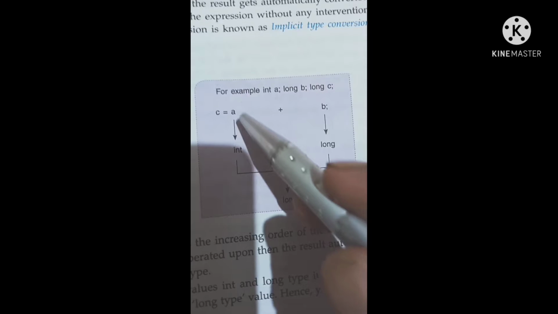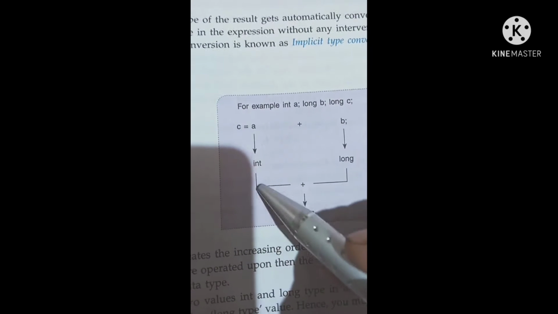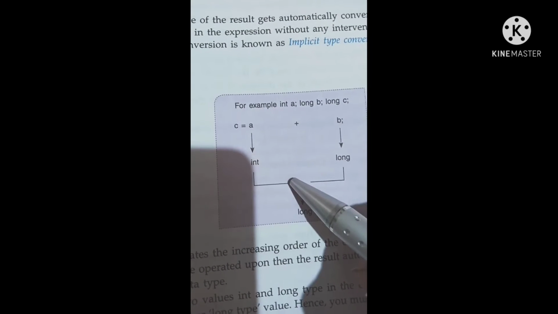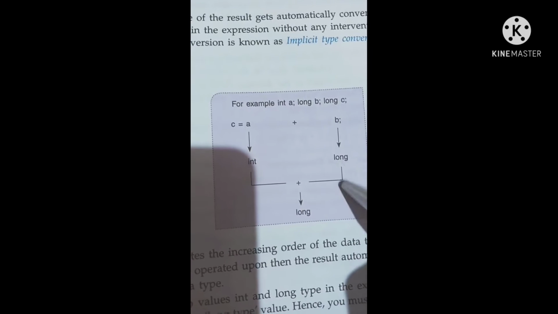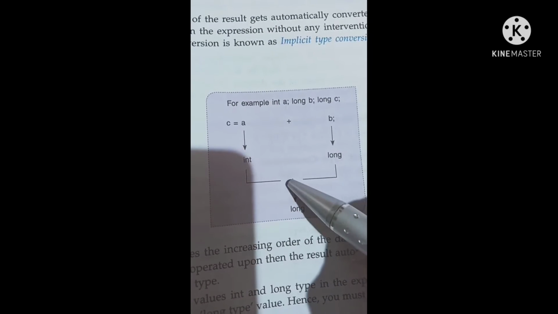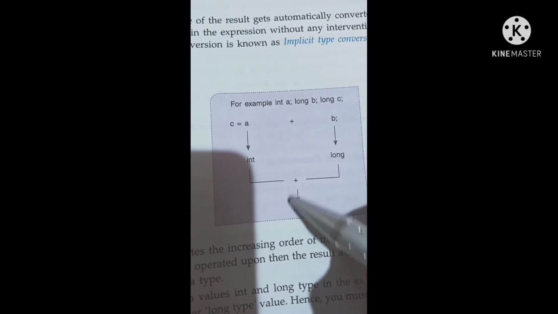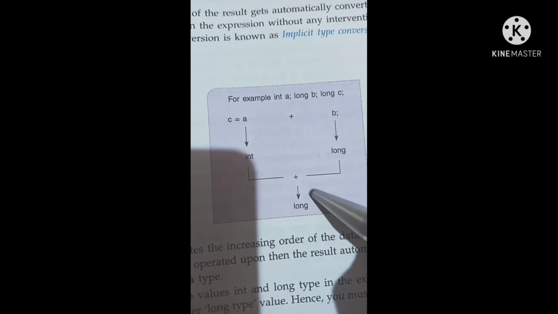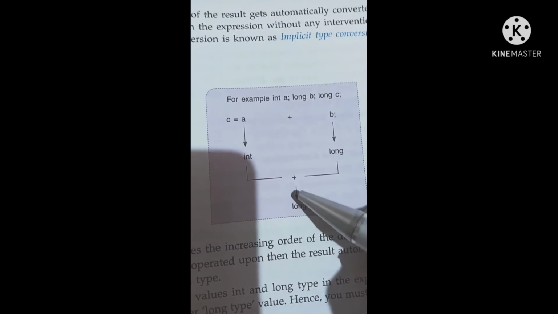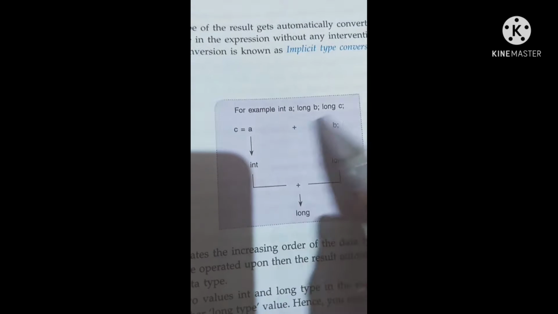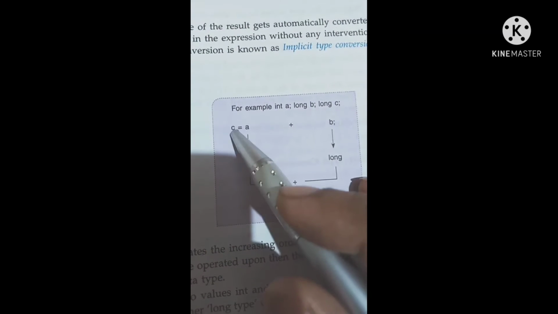Int is the low range data type and b is the high range data type, so the value will automatically be in the high range data type, that will come in long. So c is written long, so it will return the value in long.